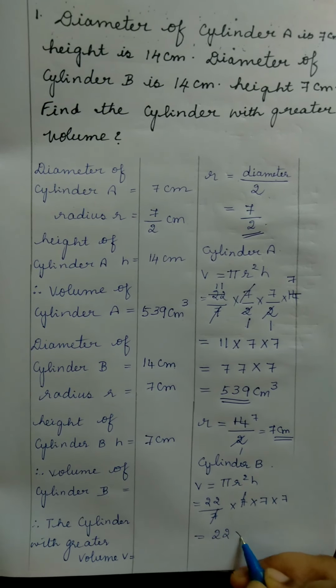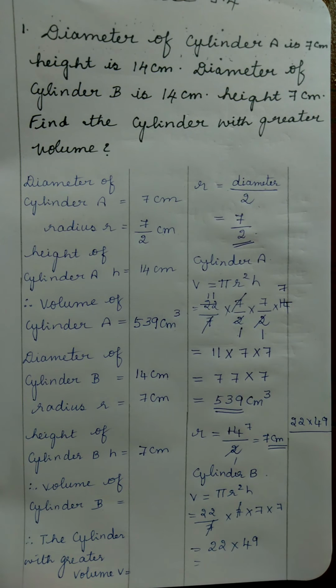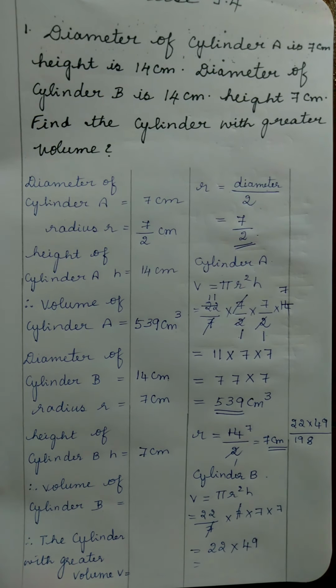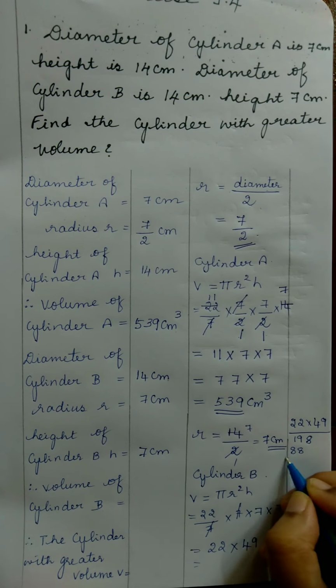So, 22 into 7 sevens are 49. Now multiply 22 into 49. 9 twos are 18, 1 remaining. Again 9 twos are 18 plus 1, 19. We have 4 twos are 8, 4 twos are 8.